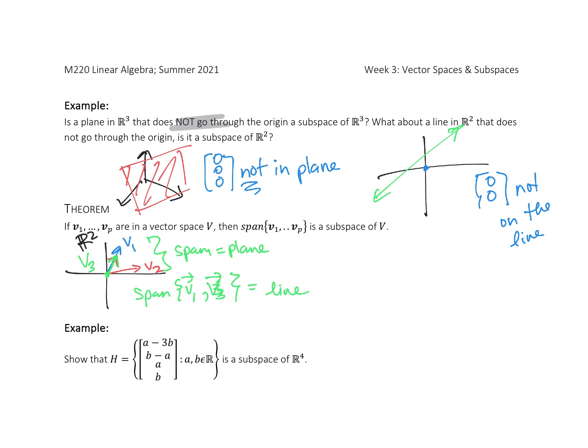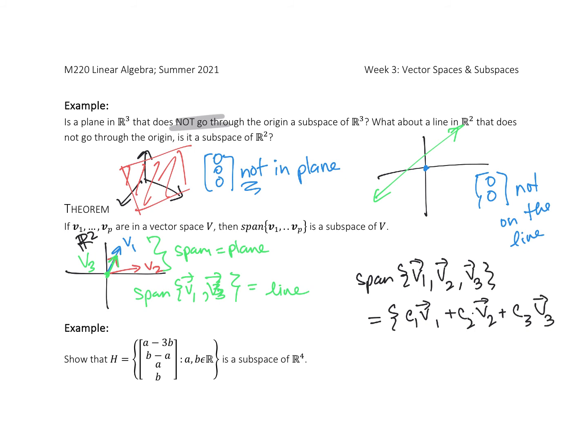Another way to say this is using that idea of linear combinations, right? We know that the span of, say, V1, V2, V3, why not, is equal to some linear combination where I have C1 times V1, C2 times V2, C3 times V3, and hopefully this definition can help you see that those all satisfy our 10 axioms of being a vector space.